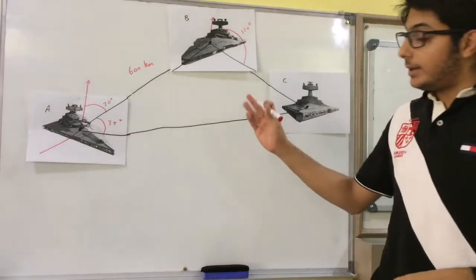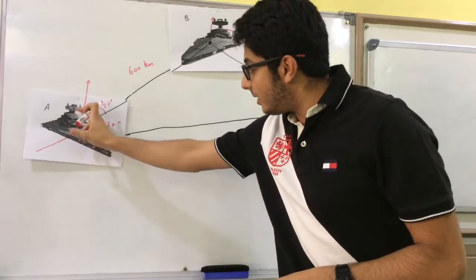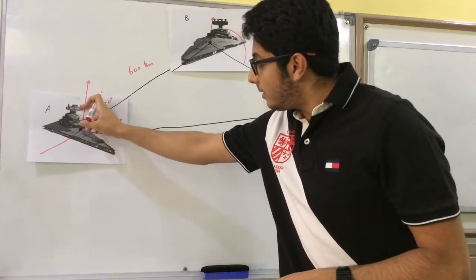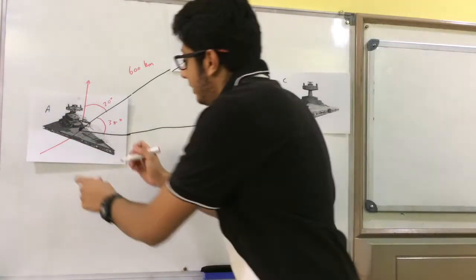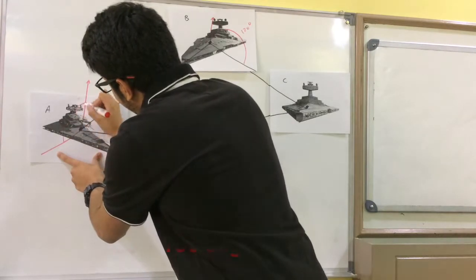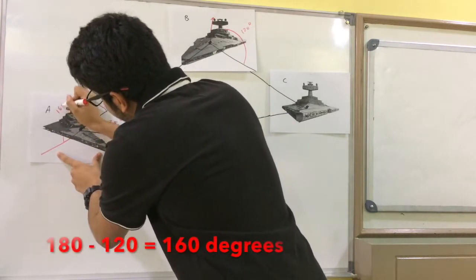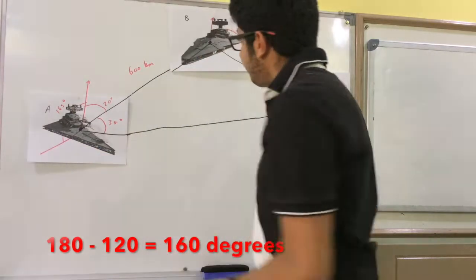Alright? And now I know that this angle here will be 180 minus 20 degrees because that's a straight line. So this angle will be 165 degrees.